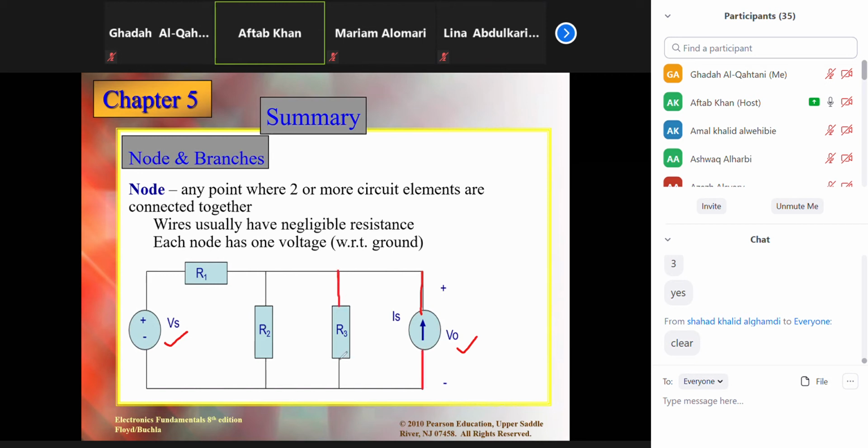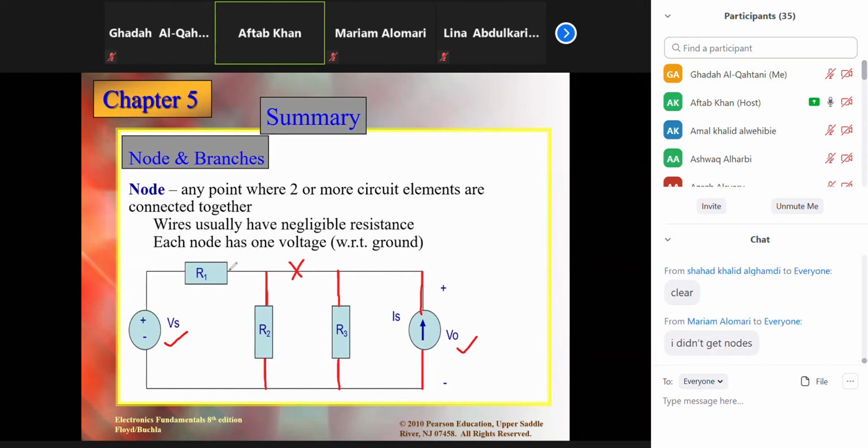This is called a branch. Understand? This is also a branch. But see, this is not a branch. This is just a wire which is joining two branches together. This is a node, but this is a wire, not a branch.